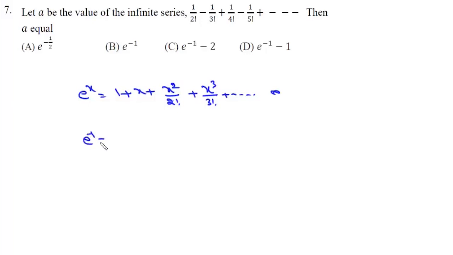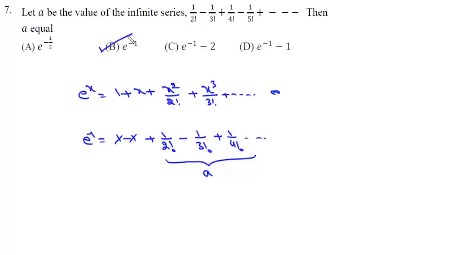So it will be e to the power minus 1, and it will be 1 minus 1 plus 1 upon factorial 2 minus 1 upon factorial 3 plus 1 upon factorial 4. Now this 1 and 1 will cancel, and the series on the right is nothing but a. So this a is e to the power minus 1, and that's your option B.